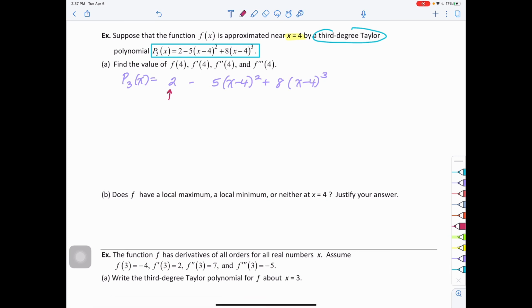This is f of 4. And I don't see an x, let's go ahead and write that down. F of 4 is equal to 2. F prime of 4 is 0. Since, what do you notice? The x minus 4 term is missing.